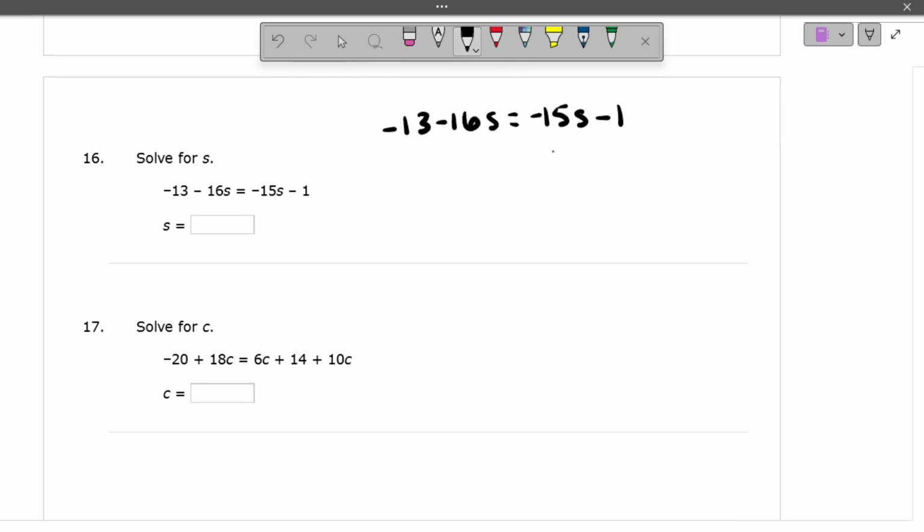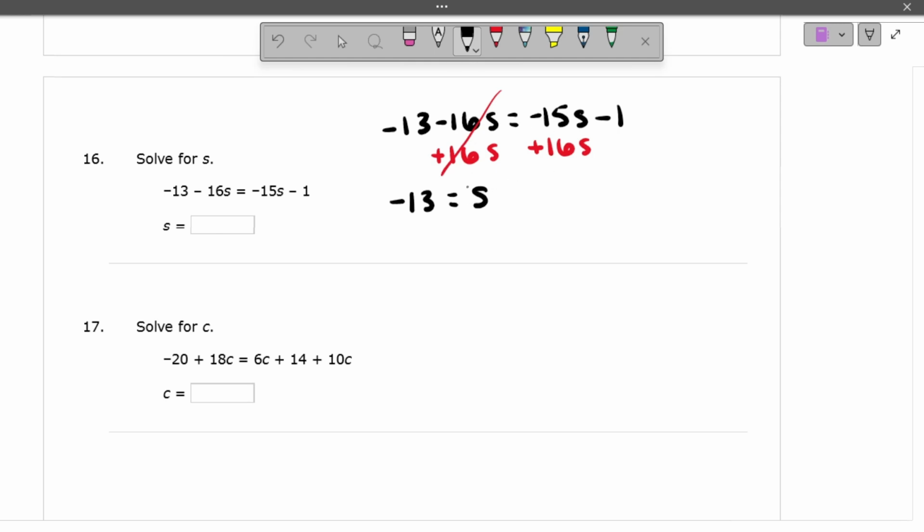So we want to get s all by itself on one side. This time I'm just going to add it over to the right side, so plus 16s to both sides so that we can get rid of that. So you have negative 13 is equal to just an s, because negative 15 plus 16 is a 1.